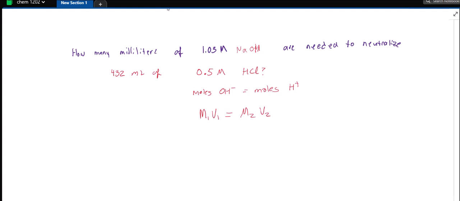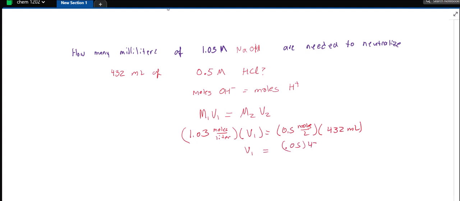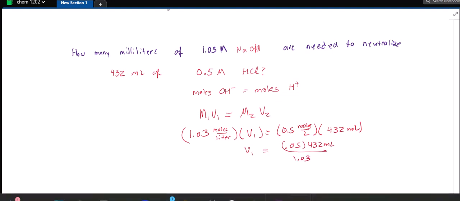So we could just say the molarity 1.03 moles per liter of sodium hydroxide times our unknown volume equals the molarity of the second one, which was 0.05 moles per liter, times its volume, which is 432 milliliters, and I can just leave that as milliliters. And so V1 equals 0.5 times 432 milliliters over 1.03, and then I can get whatever that is.